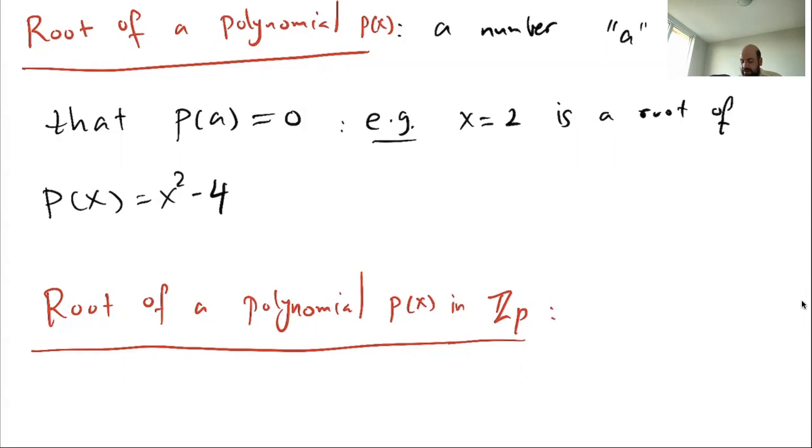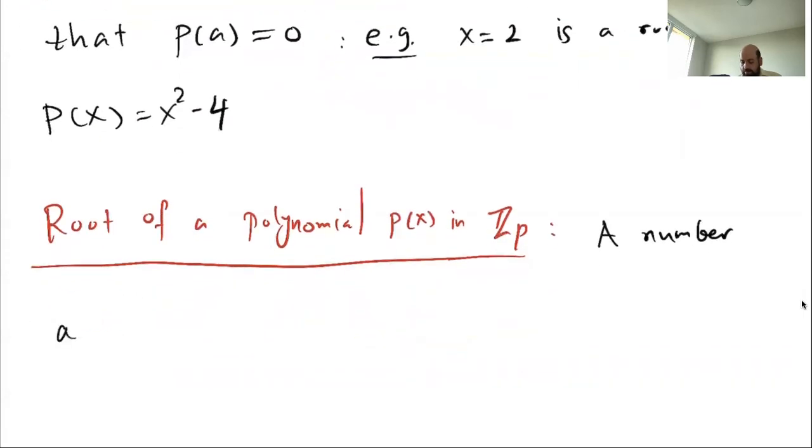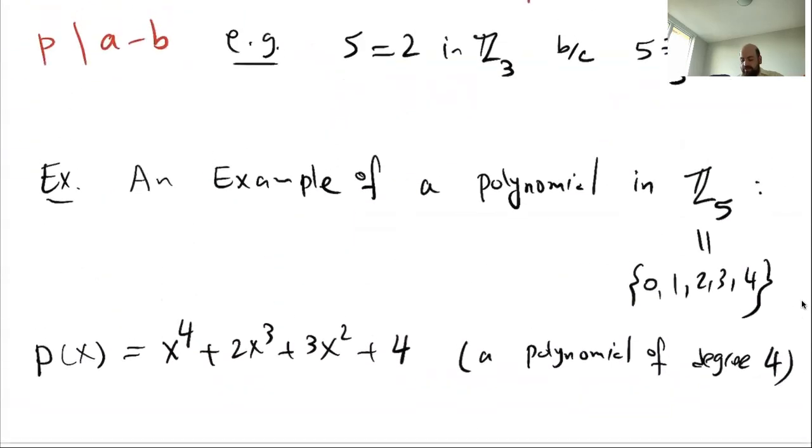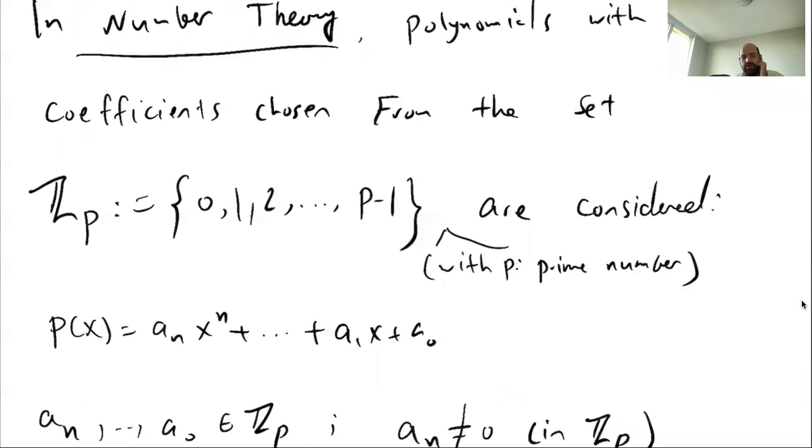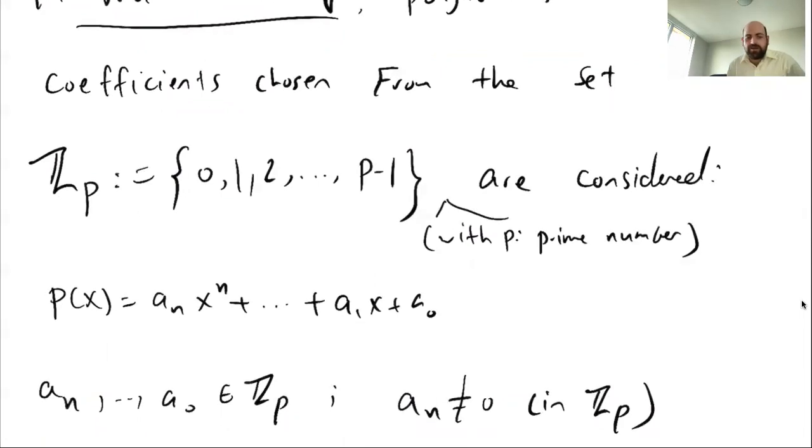Again, it's a number a in Zp this time. So see the only difference. Let's compare it with the previous case. A polynomial in Zp has the same definition as the standard polynomial. The only difference was that we required the coefficients to be chosen from Zp. And what was Zp again? The set consisting of 0, 1, all the way to p minus 1.